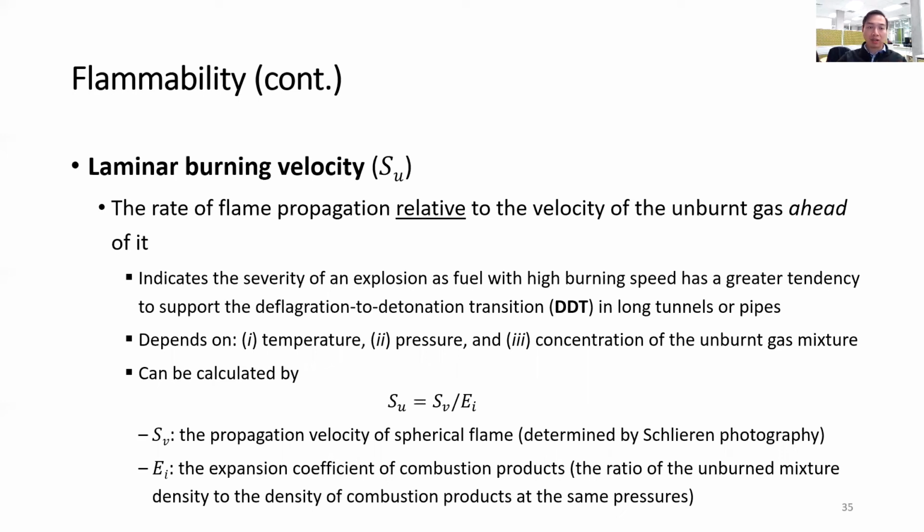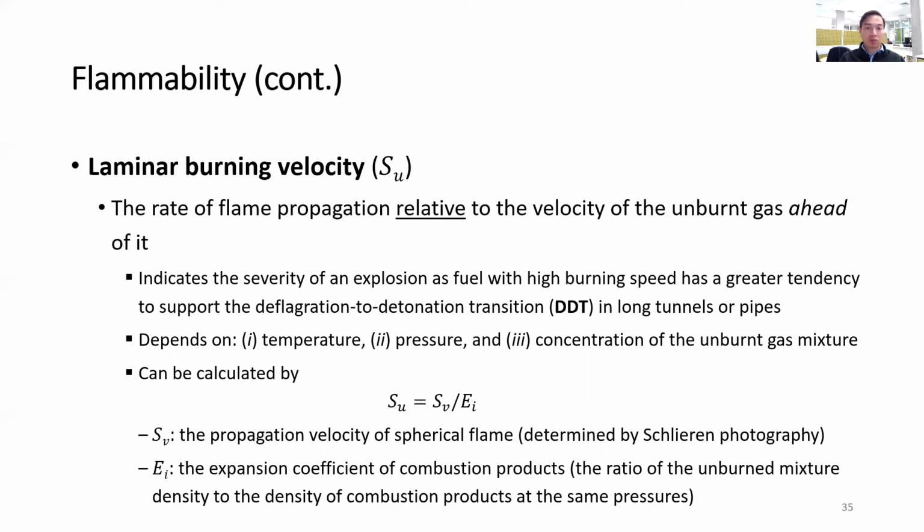This value indicates the severity of explosion of a fuel, and a fuel that has a higher laminar burning velocity would have a greater tendency to support a phenomenon known as deflagration to detonation transition, or DDT. I'll explain a bit later, at the end of my presentation, why this DDT phenomenon is important.